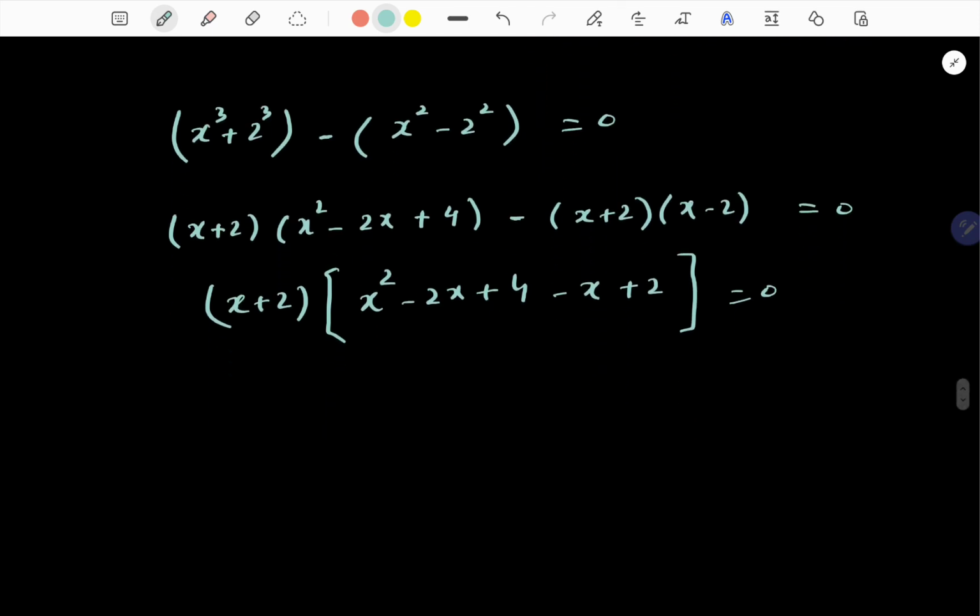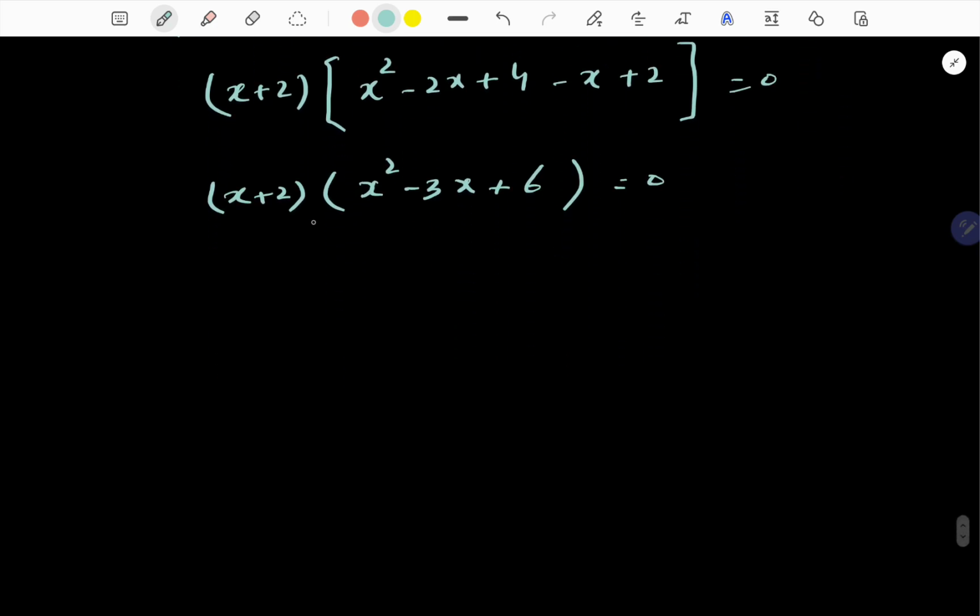So we will get x plus 2 into x square minus 2x and minus x is minus 3x, plus 4 and plus 2 is 6.